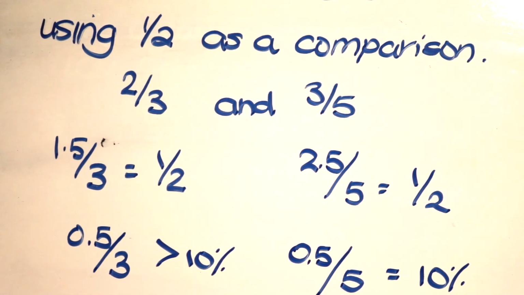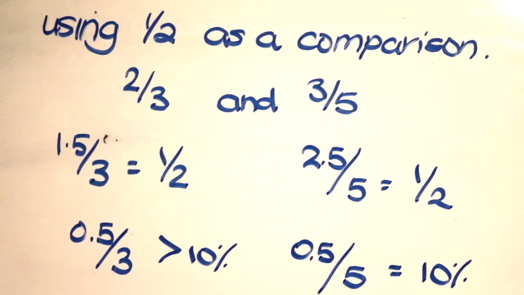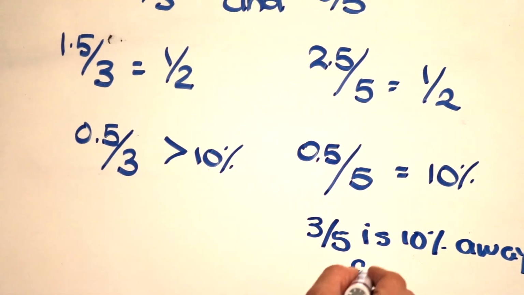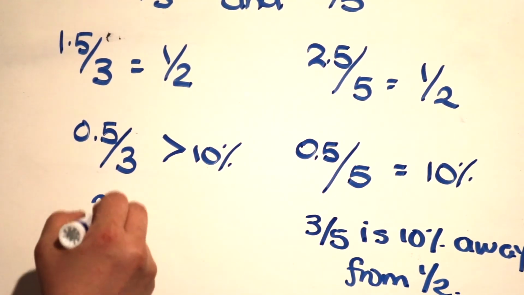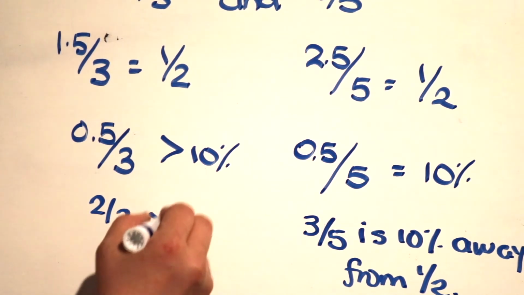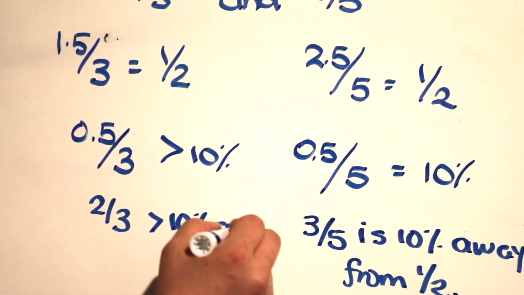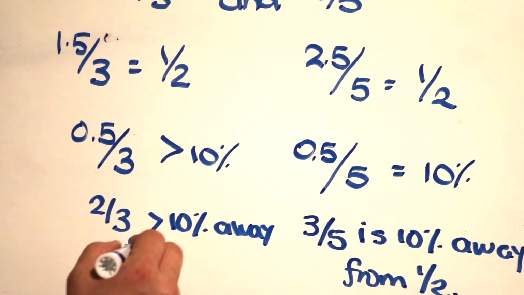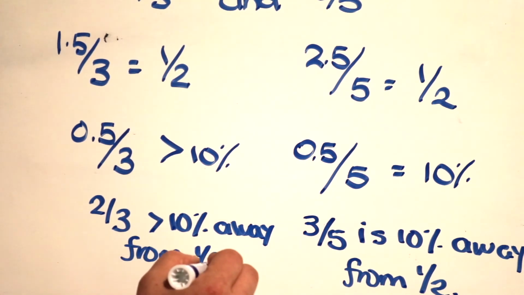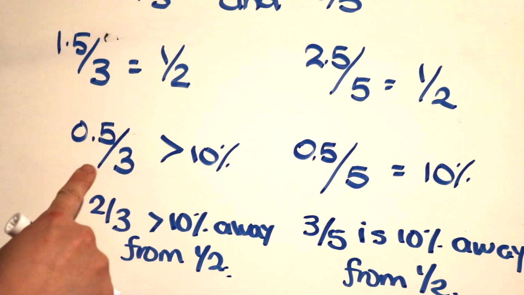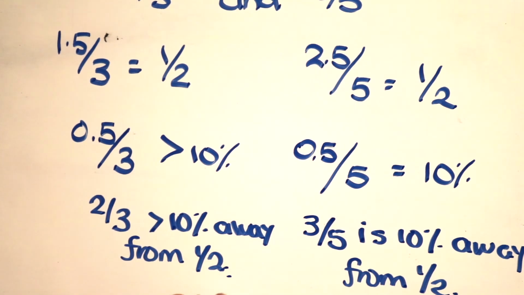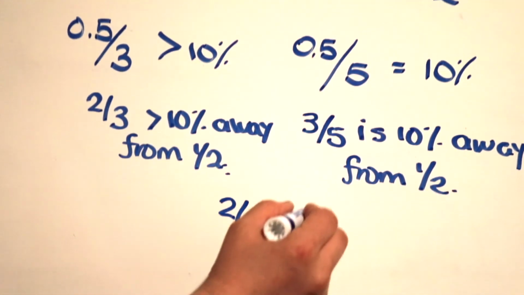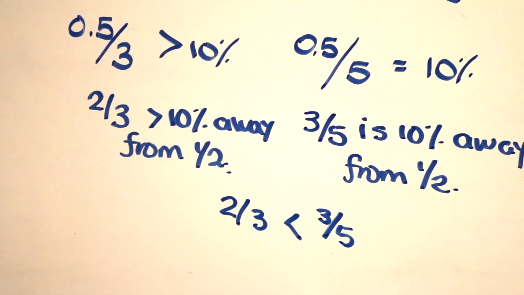So 3/5 is 10% away from 1/2, and 2/3 is more than 10% away from 1/2. Therefore, 2/3 is less than 3/5.